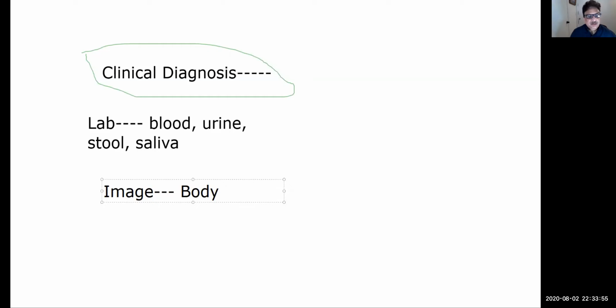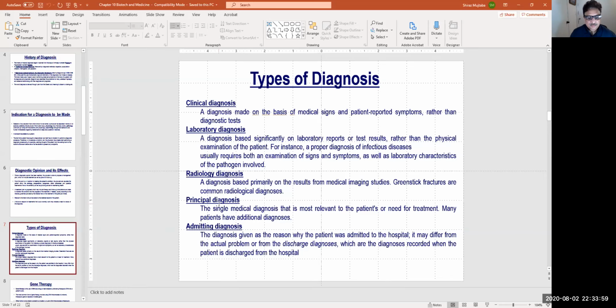So we discussed clinical, lab, and radiological. The fourth one is principal diagnosis. When a physician has done all the necessary tests to come to a conclusion that this is the main diagnosis, and from here the treatment should start, that diagnosis becomes the main diagnosis and the starting point for the treatment.